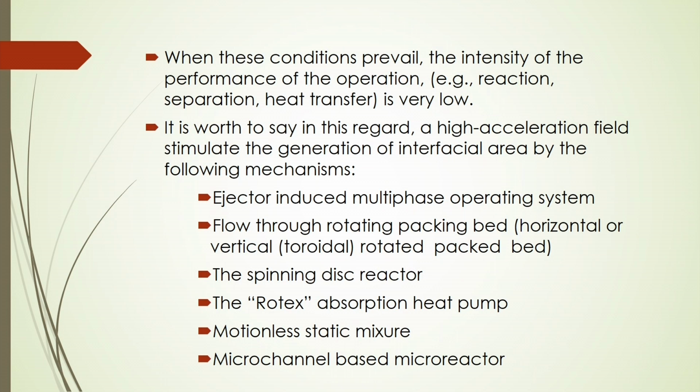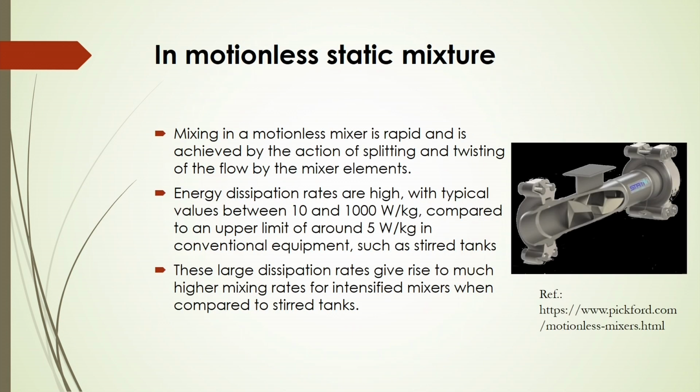Motionless static mixer is also another mechanism by which you can produce more interfacial area. Micro channel based micro reactor, just producing that interfacial area and making a plug flow, and then you can get the advantages of the reactions over there based on that interfacial area.